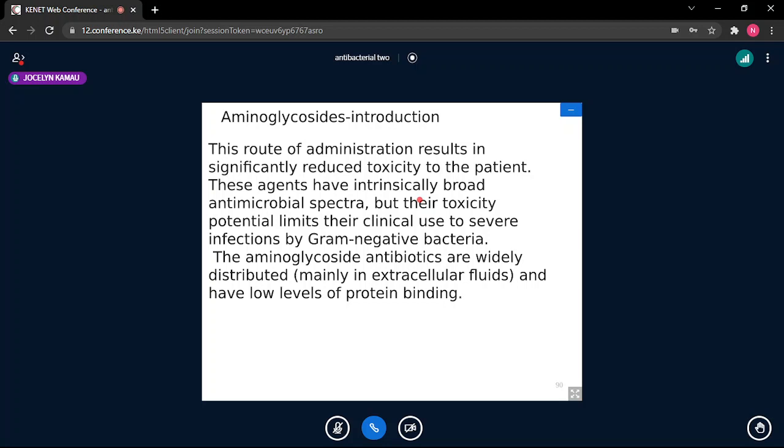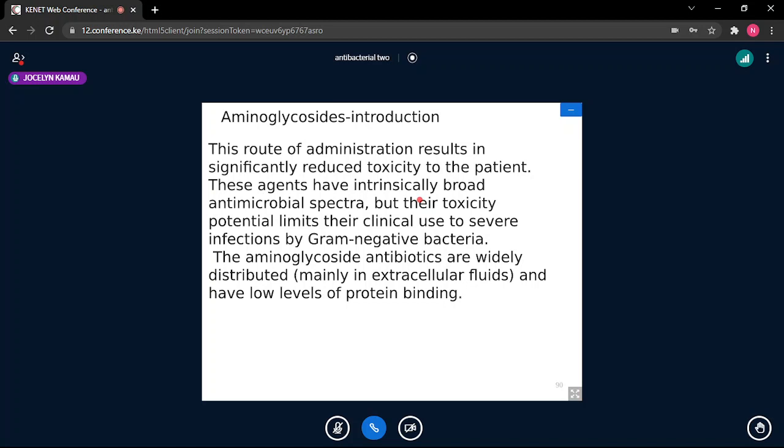So although they have high water solubility and you'd expect them to be cleared from the body very quickly, there is what we call the post-antibiotic effect, whereby these drugs, like even streptomycin, are concentrated within the body, such that the concentration of streptomycin within the cells is usually higher than the concentration of streptomycin within the plasma at any one time.